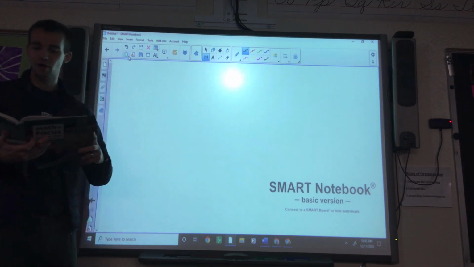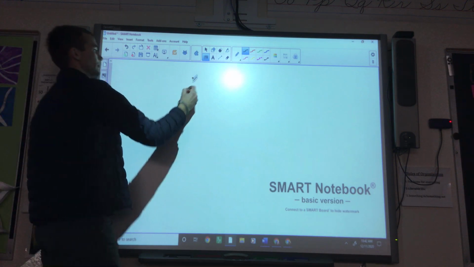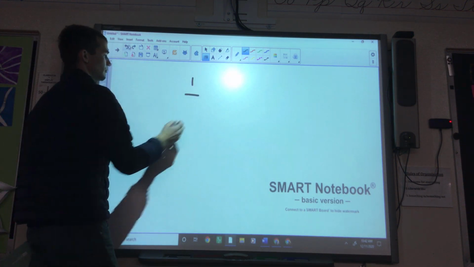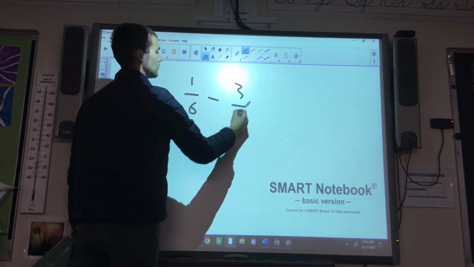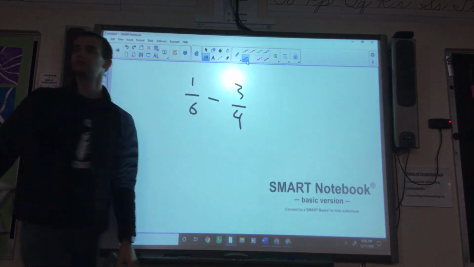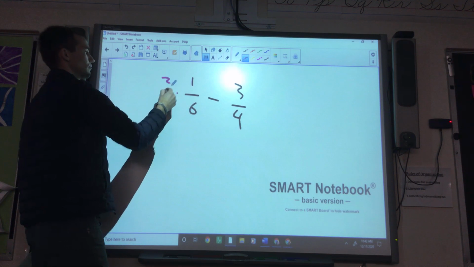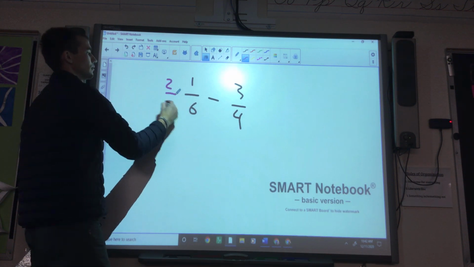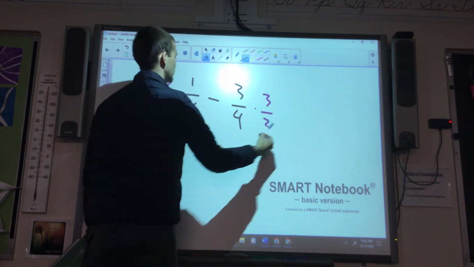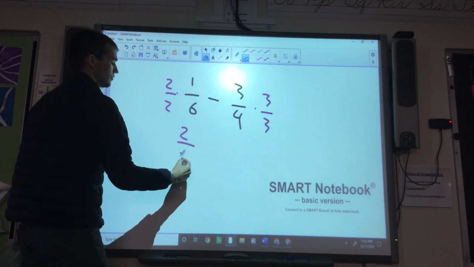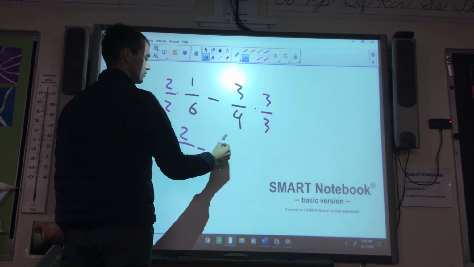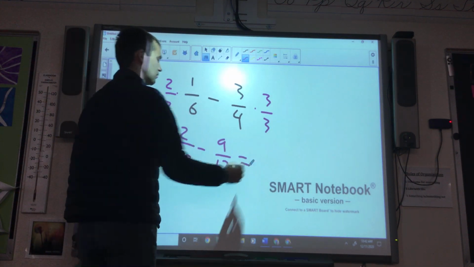Page 103, 1/6 minus 3/4. Common denominator? Yes, 12. Oh, that's the wrong thing multiplied by. Final answer?